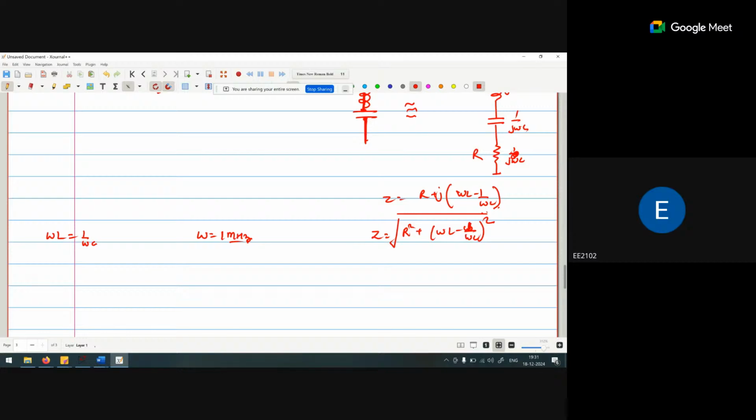So omega L equals 1 over omega C, and what is the value of Z? It becomes R. Now, if I increase the value of omega, this component will increase and this component will reduce, so my value of Z will start increasing.